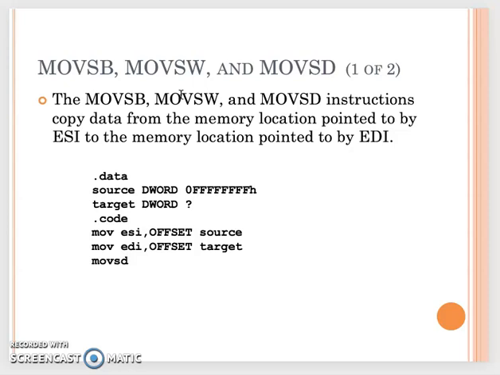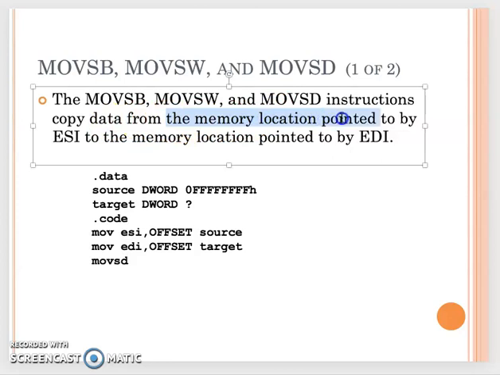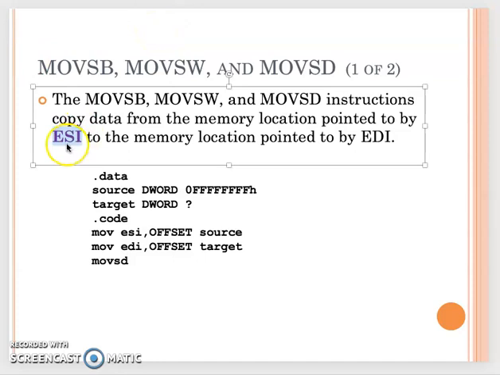The MOVSB, MOVSW, or MOVSD instruction copies the data from the memory location pointed to by ESI to the memory location pointed to by EDI. Remember we talked about the ESI and EDI registers: they are the source index and destination index.